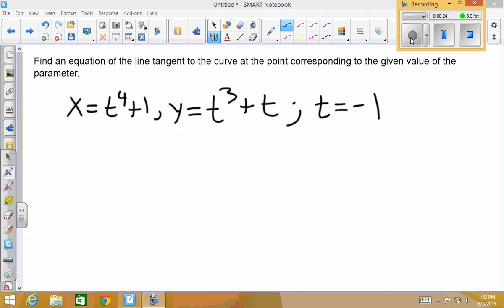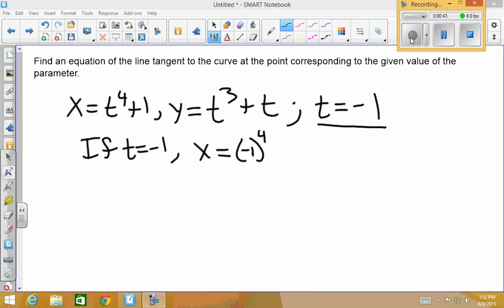We can quickly find a point that's on the line by finding, because this is a tangent line, it's also a point on the curve, and it corresponds to t equals -1. So if t equals -1, then x is equal to -1 to the fourth plus 1, which is 1 plus 1, that's 2.